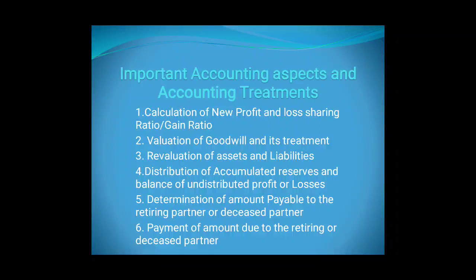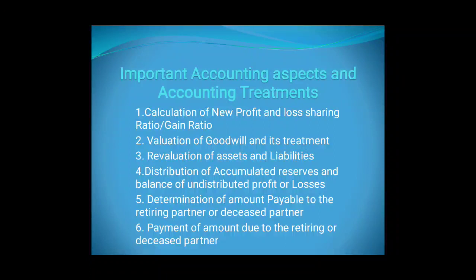The first one is calculation of new profit and loss sharing ratio as well as gain ratio, calculation of goodwill and its treatment, revaluation of assets and liabilities, distribution of accumulated reserves and balance of distributed profit or losses, undistributed profit or losses, determination of amount payable to the retiring partner or deceased partner, and the last, payment of amount due to the retiring or deceased partner.